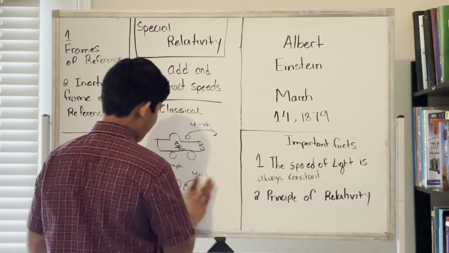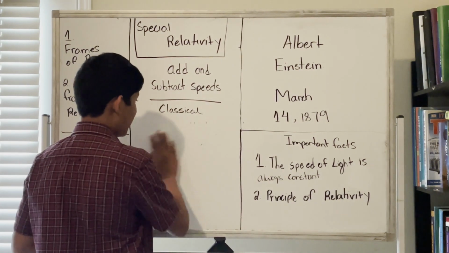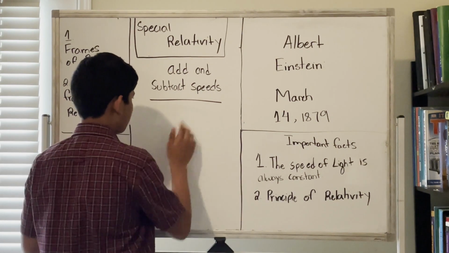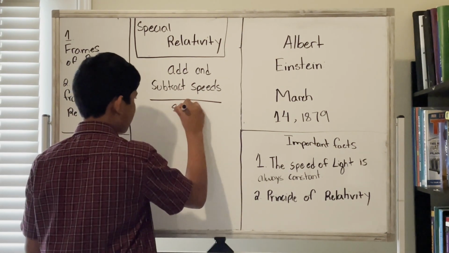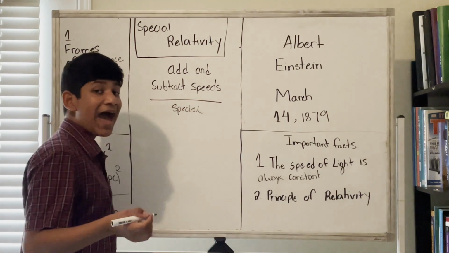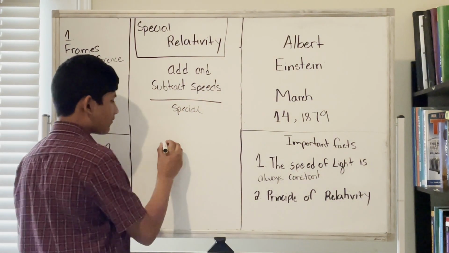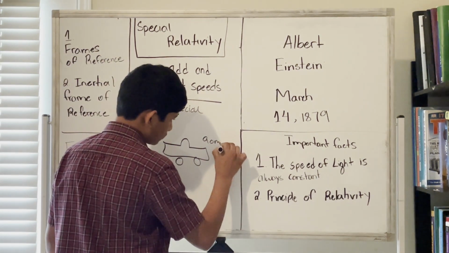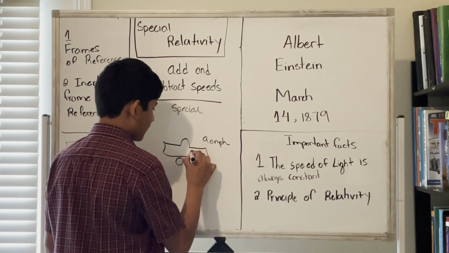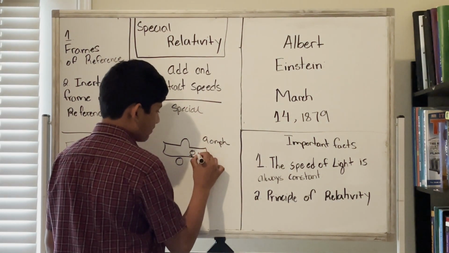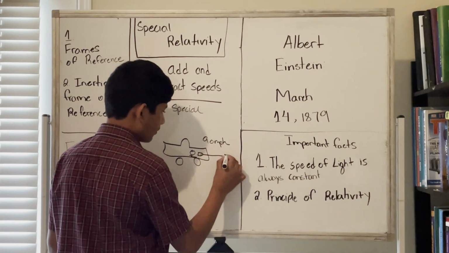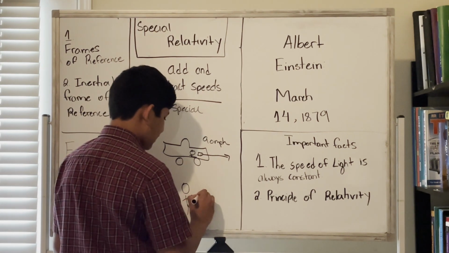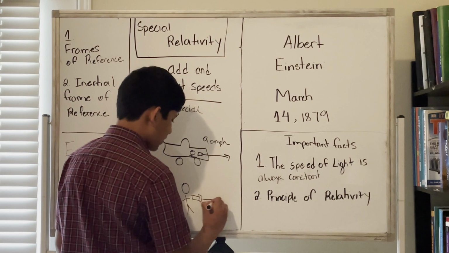classical mechanics. But here comes the main difference when we include light. I'll just call this special. We can't add and subtract velocities of light. So for example, if a car is moving, let's just say 90 miles per hour, and a person in this car fires a beam of light from a flashlight, and a person stationary also takes a beam of light and flashes it.